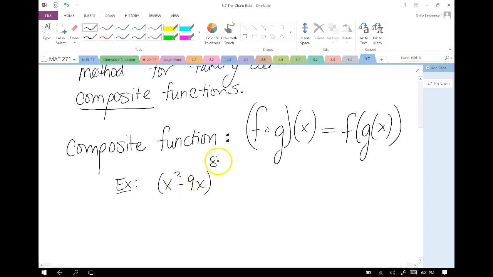We know how to take the derivative of things to the 8th power, but that's only when it says x to the 8th, not when it's an entire function written to the 8th power. So this is considered a composite function because it's an actual entire function of x to the 8th power. So there is an inside function, and we're going to talk about this a lot, and there's an outside function.